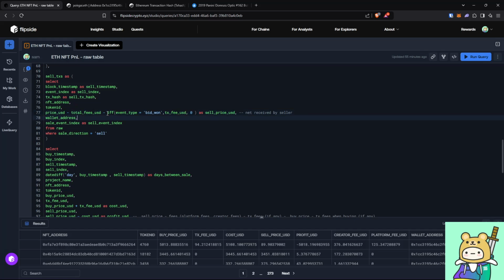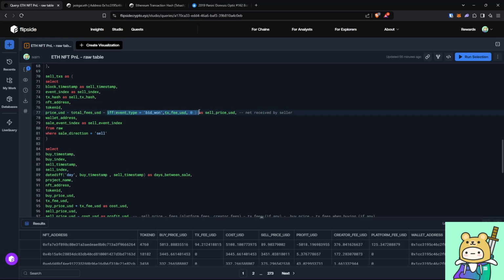So maybe I would call this something else. It would have to be another column and then add it to here as sell transaction fee, and then just call this buy transaction fee. Yeah, sure, let's do that.